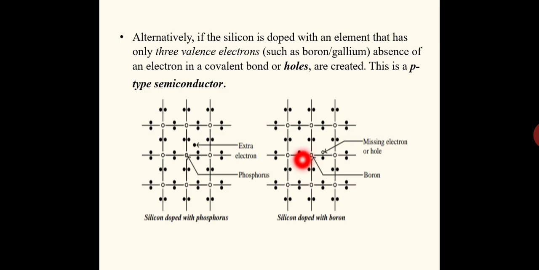So here you can see there is no electron to make a covalent bond with the electron of the silicon and the boron. So one hole is created here. See, this is the missing electron, or simply we will call it a hole. Missing electron or hole. So this type of semiconductor is called a P-type semiconductor.